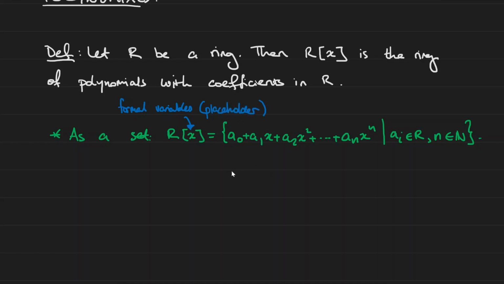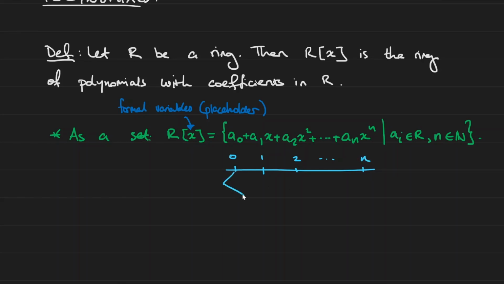A nice way to think about these polynomials at the moment, instead of thinking about them as functions like you usually do, is you can imagine each polynomial is a clothesline. And on a clothesline, obviously you're going to have your clothes hangers to hang your clothes on. So you have the 0th position, the 1st position, the 2nd position, and so on. And you also have the nth position over here.